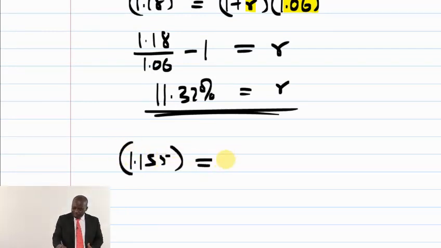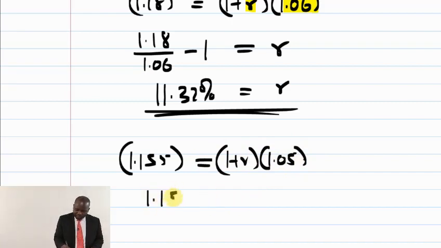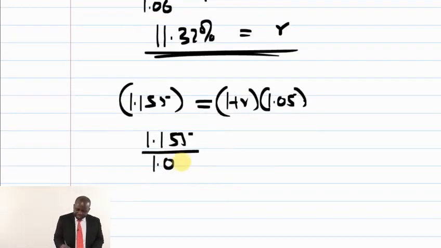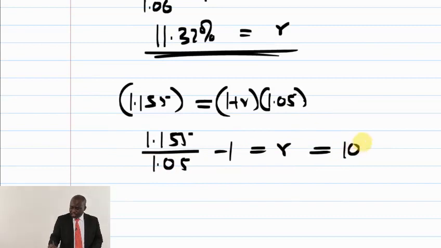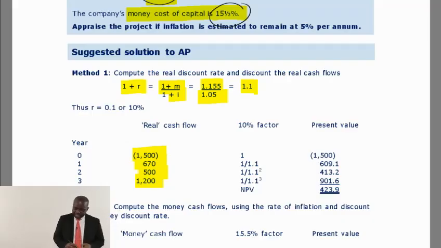Is equal to the real. We don't know the real, and the inflation rate is giving us 5%. So I will say 1.155 divided by 1.05 minus 1 should be the real, which is approximately the 10%. So we will discount using the 10%.